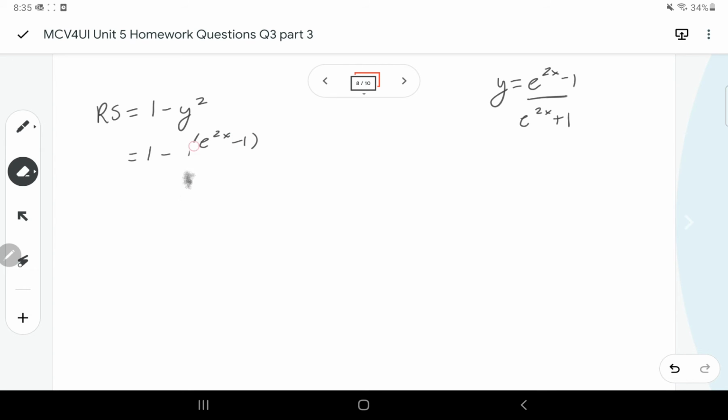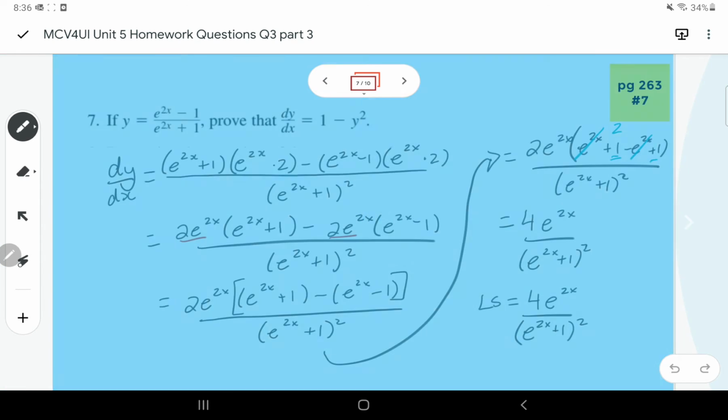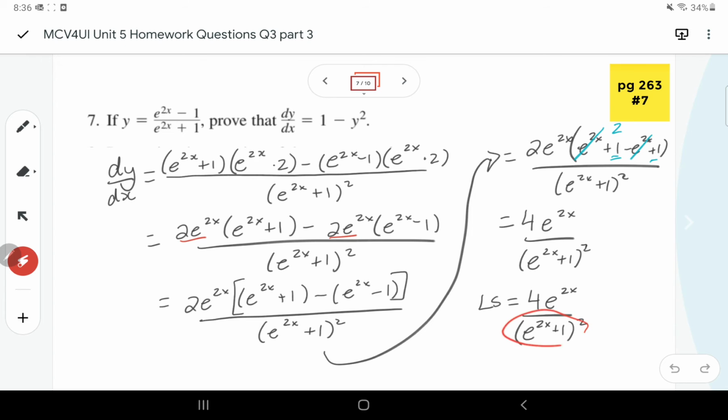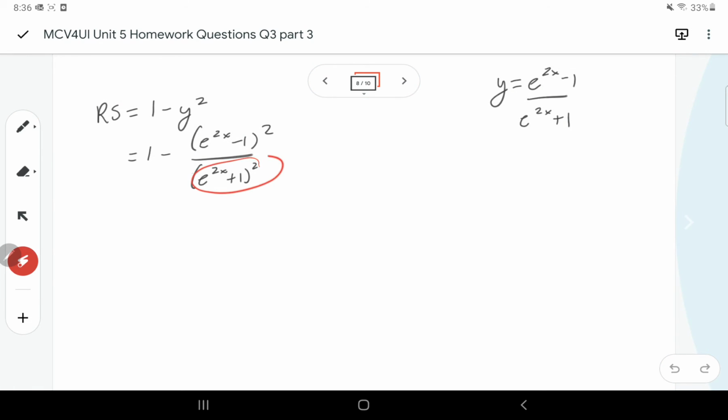Actually, I'm going to square the top and bottom, kind of like looking ahead, just like that, squaring each piece. Because I do know that I had a denominator of e to the 2x plus 1 squared, so I think having this denominator is probably in my best interest.